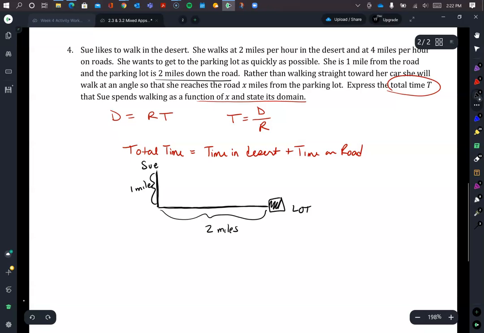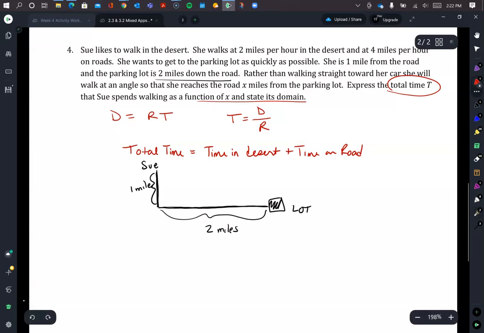And she could just go down and over, but that's going to be longer, because she's going slower through the desert. Through the desert, she's only going 2 miles per hour.